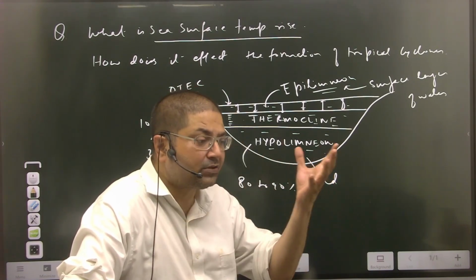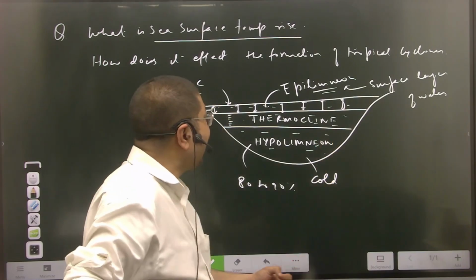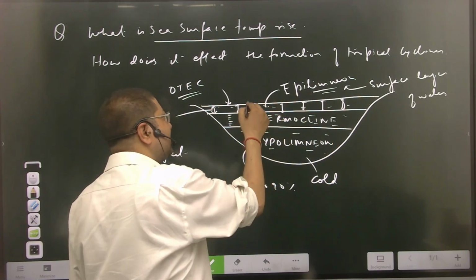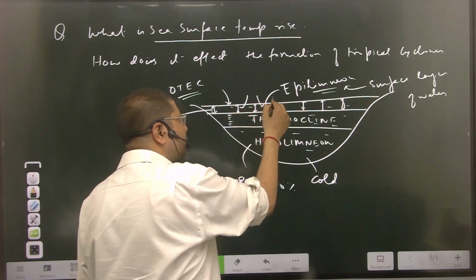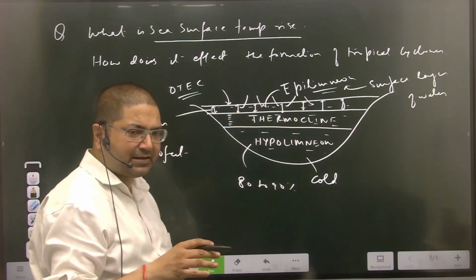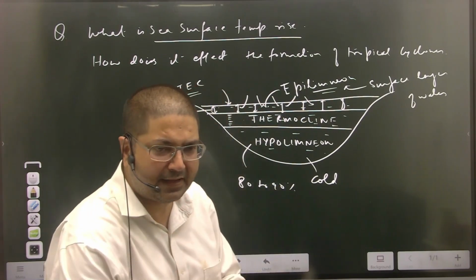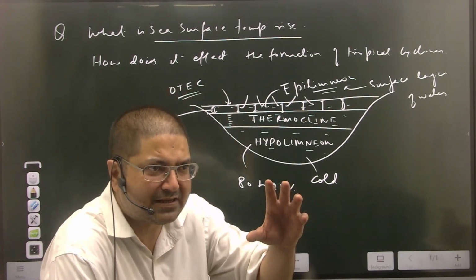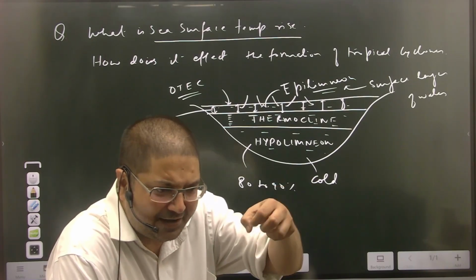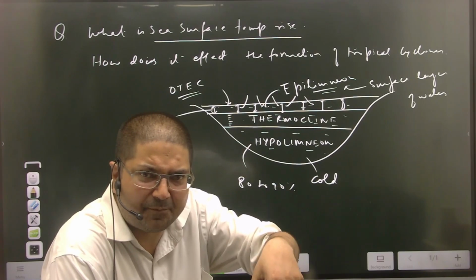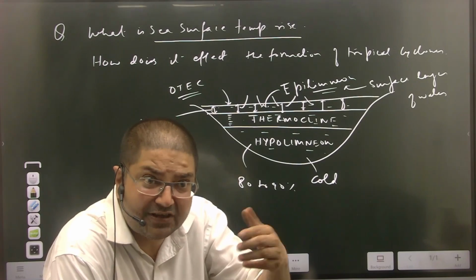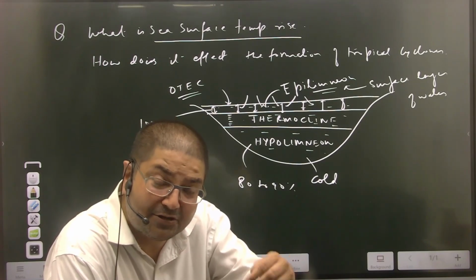And 90% of these greenhouse gases, after absorbing heat, are dissolved or absorbed by this surface water. They become warm and are dissolved in surface layer of water, and that is the most important reason for the rise of sea level as well as rise in the temperature of sea surface.